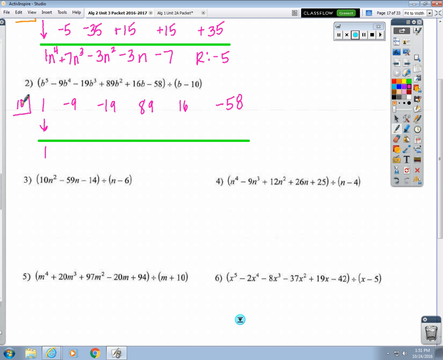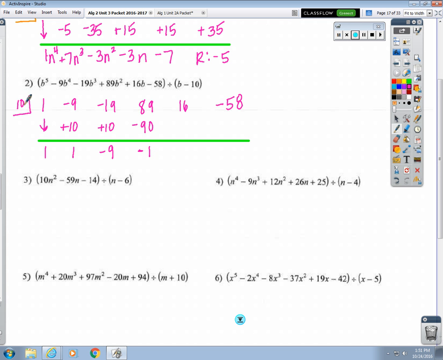Now, what do you do with any number that drops below the line? Multiply by the box number. So what's 1 times 10? 10. And isn't it a positive 10? So now we have negative 9 plus 10, which is 1. Then it multiplies by the 10 to make another positive 10. What is negative 19 plus 10? Negative 9. It then multiplies by the 10 in the box to make a negative 90. Those combine to make a negative 1.